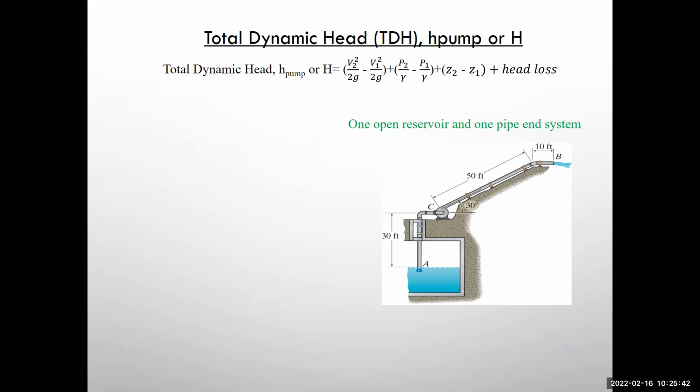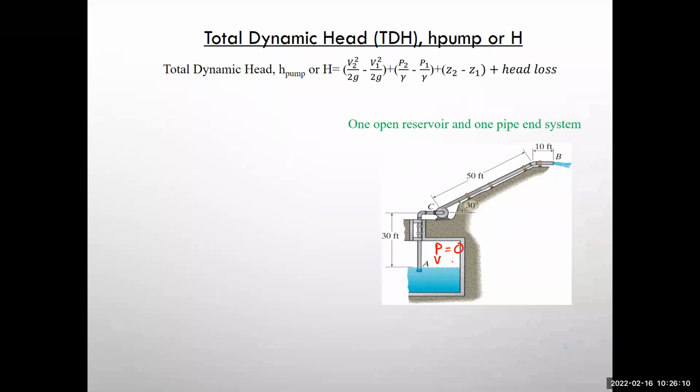Okay, so for this one, I said that you can consider an open reservoir, but in real life it can be a pressurized situation. In that case, PA will not be 0. If it is an open reservoir, which I asked you to consider, then the pressure is 0.